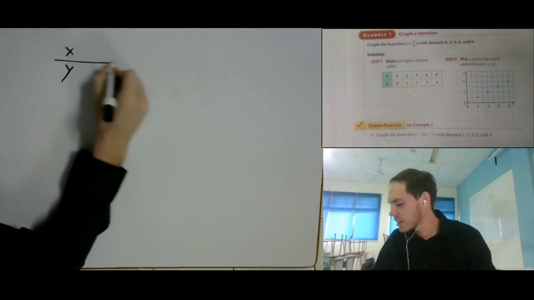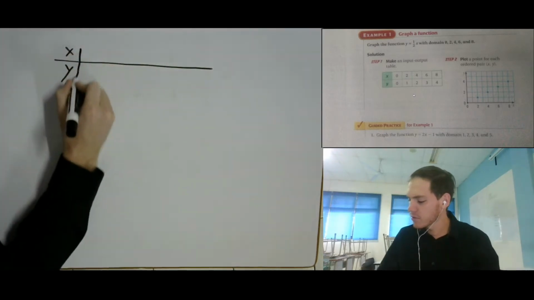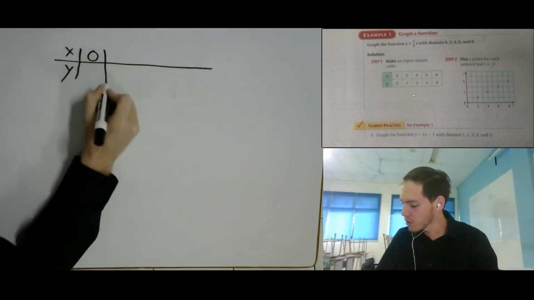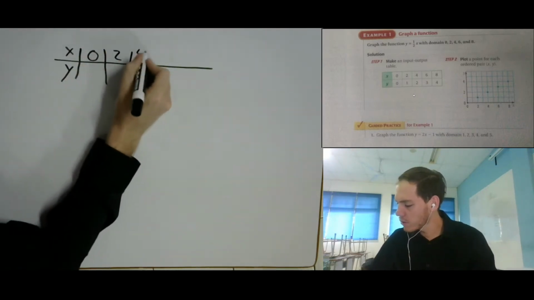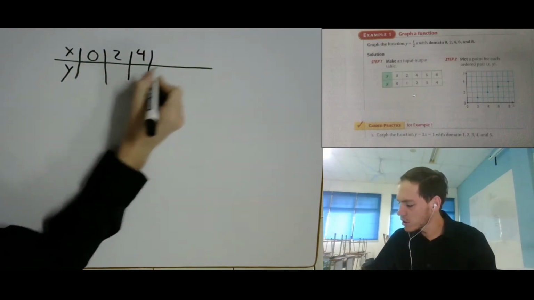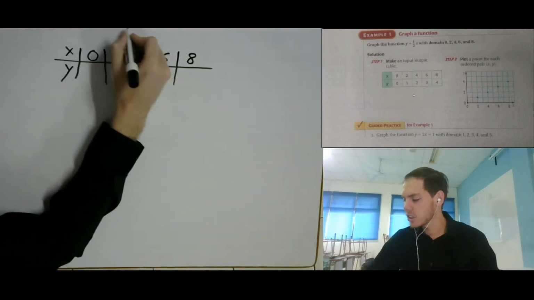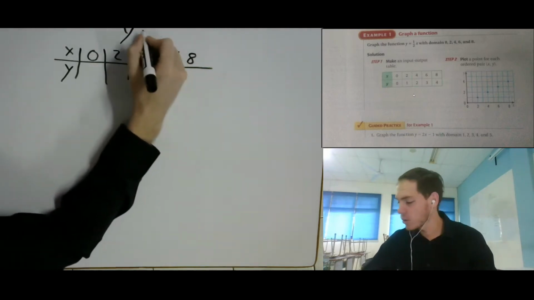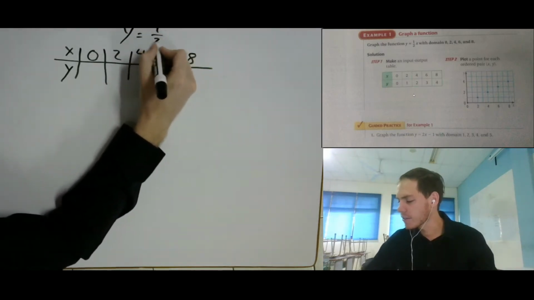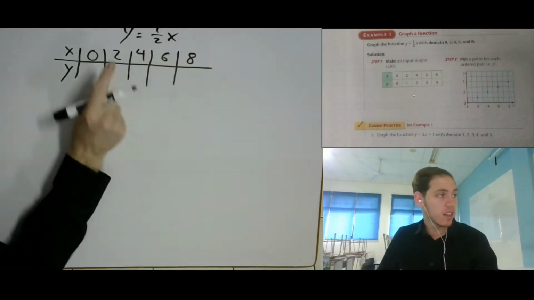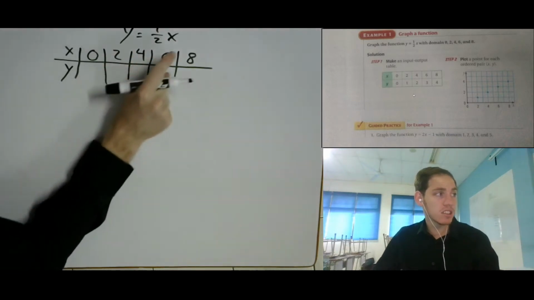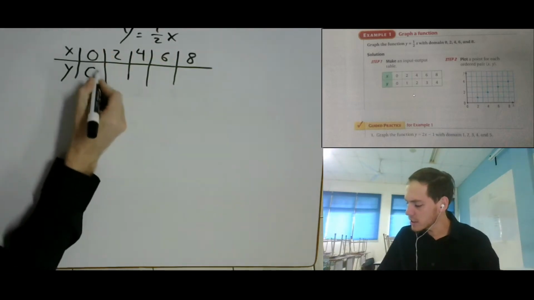Our x is our input, you do not need to write that. We go 0, 2, 4, 6, and 8. Then we just plug this into the function y equals 1/2 x. So plug in 0, we should get 0.